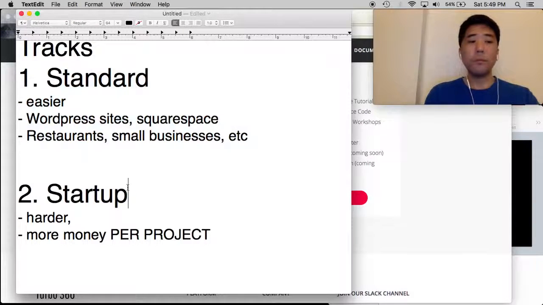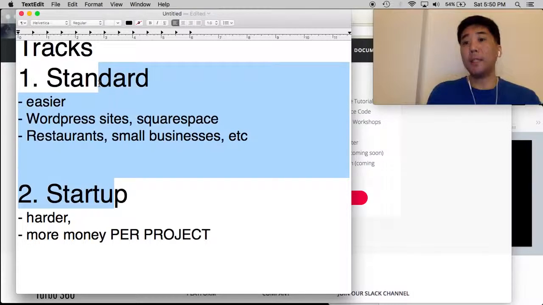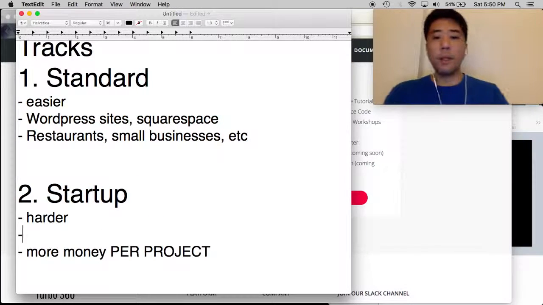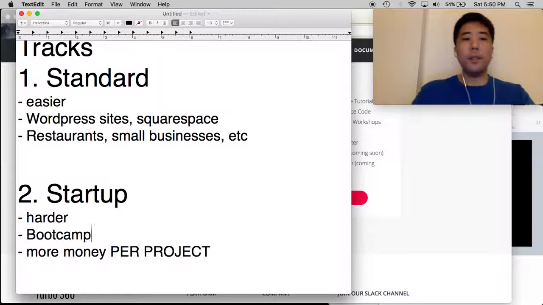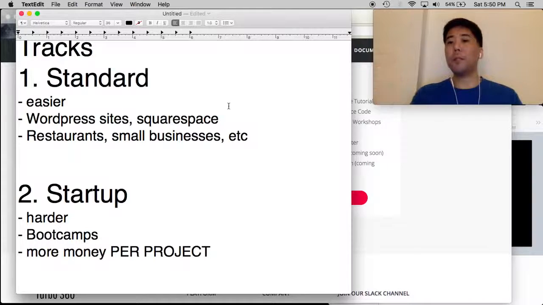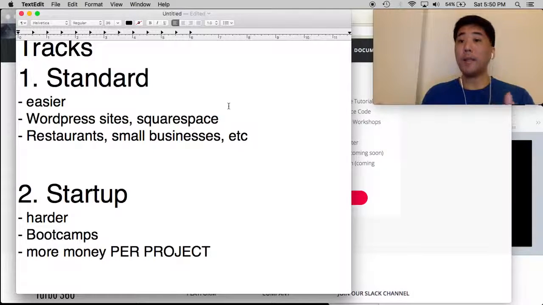Now, oftentimes what happens with beginners, and I see this a lot, is they conflate the two tracks. So here's what I mean. The startup track is clearly what the boot camps train for, right? They all train for Node, Express, Ruby on Rails, React, jQuery.